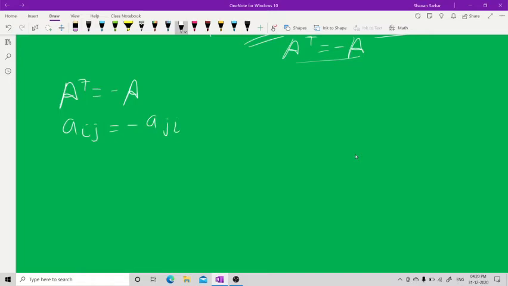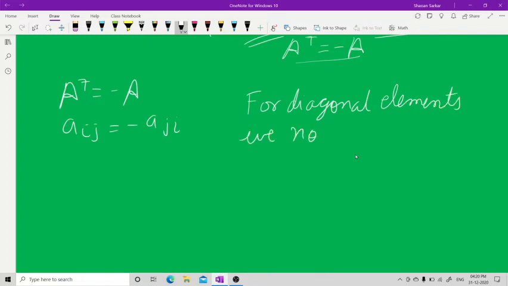I told you this. Now for the diagonal elements, we know i equals j, because those elements are A11, A22, A33. So from this equation, Aii is minus Aii.